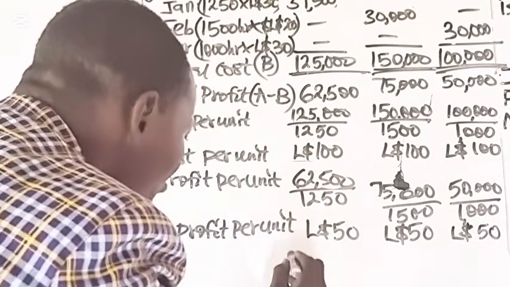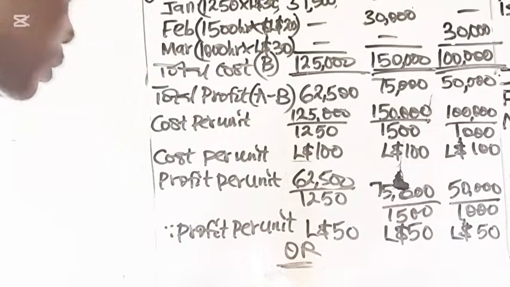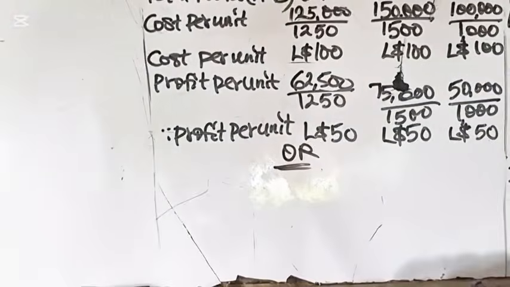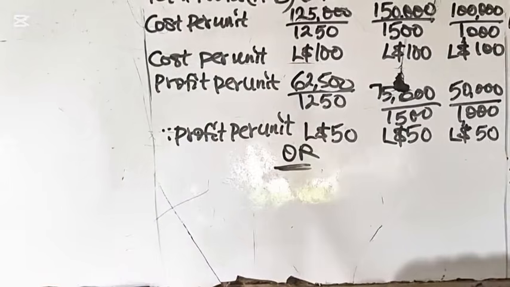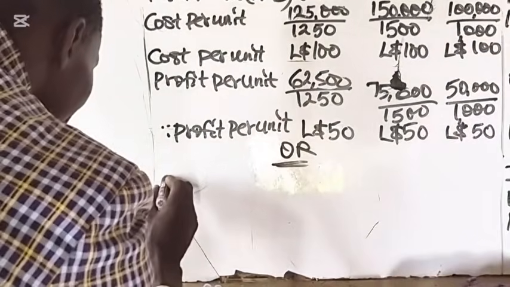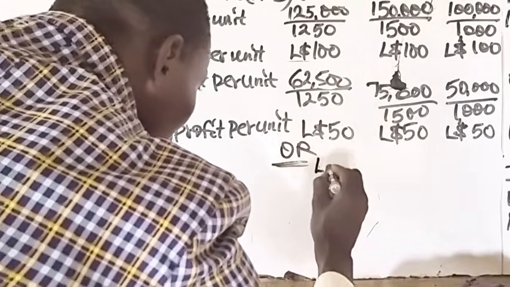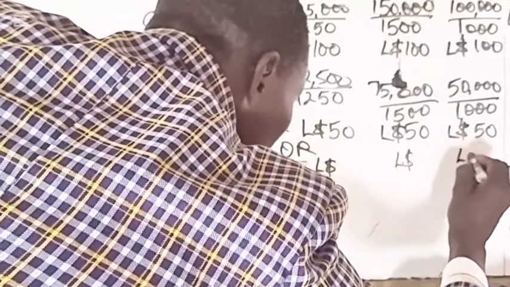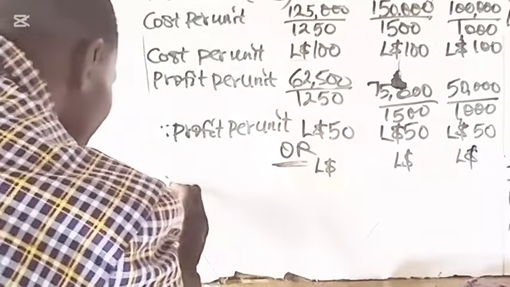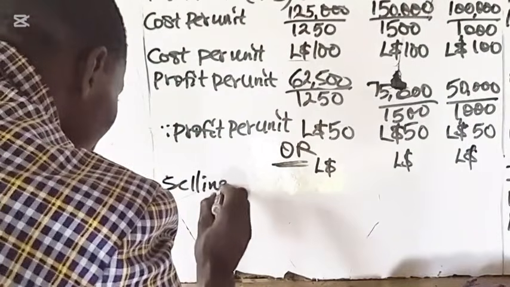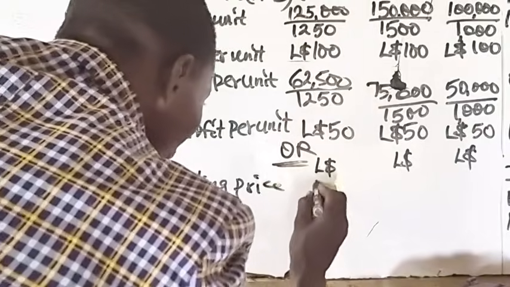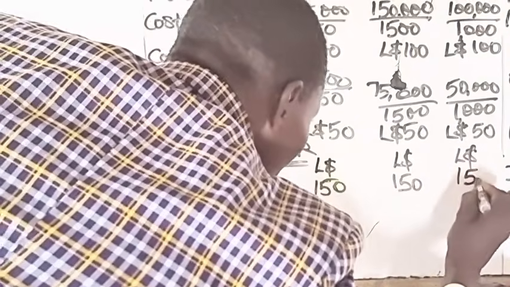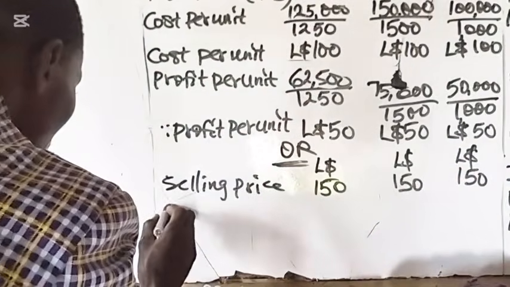Or if you don't want to calculate your profit per unit that way, remember the selling price is given in the question, and that is given to be 150 Liberian dollar. All amounts are in Liberian dollar. Then from this, you less cost per unit.